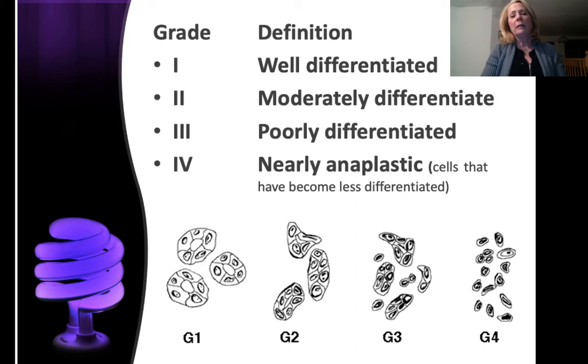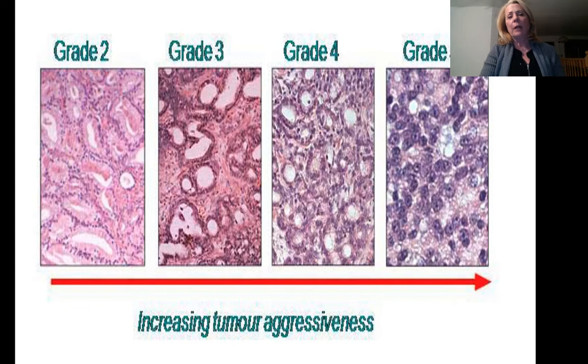So this is a grade 2 dysplastic cell. Grade 3, it's very poorly differentiated. Grade 4 is where we're worried. This is nearly what we would call anaplastic, which we'll talk about. And the cells have become very less differentiated.